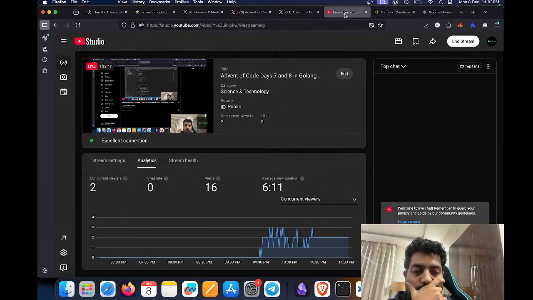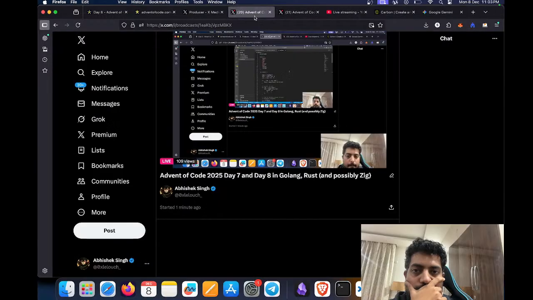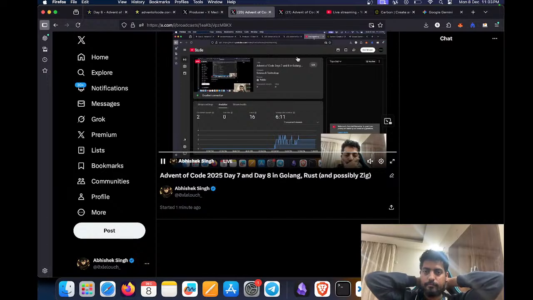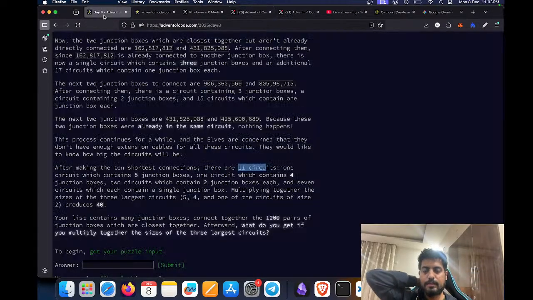Okay. Yeah, I have no idea why this is not working at all. After making the 10 shortest connections, there are 11 circuits. One circuit which contains 5 boxes, one contains 4, two circuits which contain 2 junction boxes.